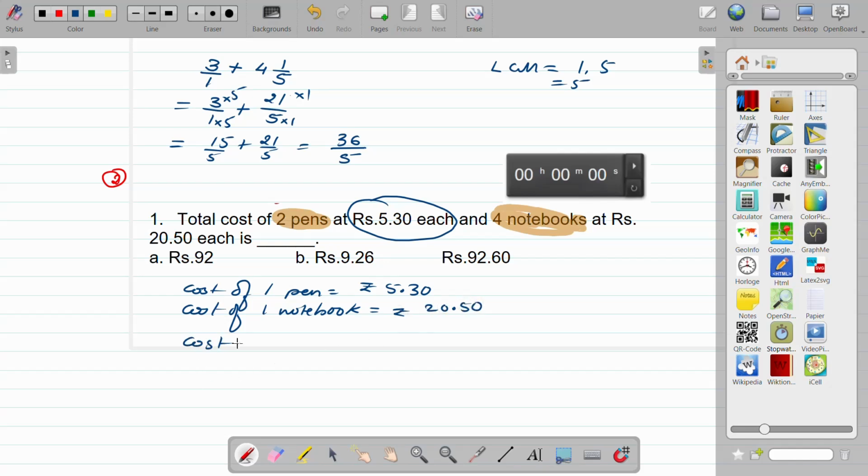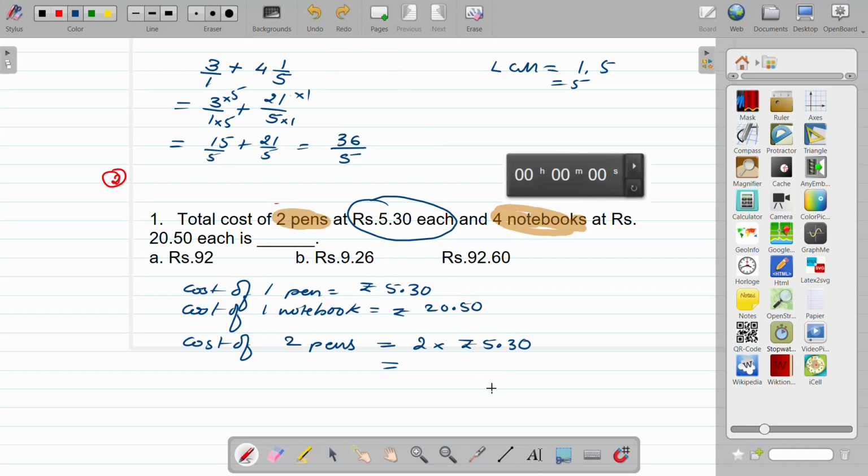Now we have to find the cost of 2 pens is equal to how much. It's easy, right? 2 into rupees 5.30.